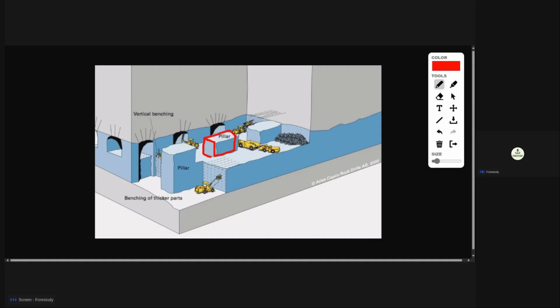And these are again pillars which are left behind. Some of the coal deposits are left behind for support, whereas others are completely excavated. These parts are getting excavated. So they are leaving behind some pillars for the support of the roof and the floor, whereas the other parts are being excavated and carried to the surface. So they are intentionally leaving behind some of the ore body for the support of the inside chambers.